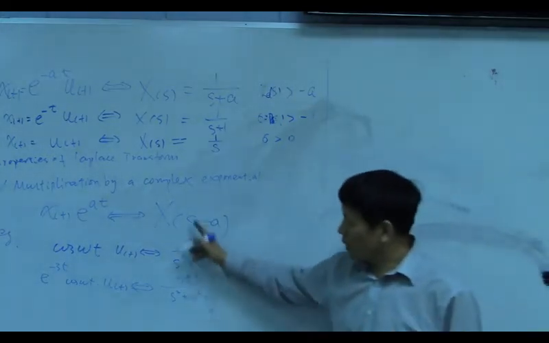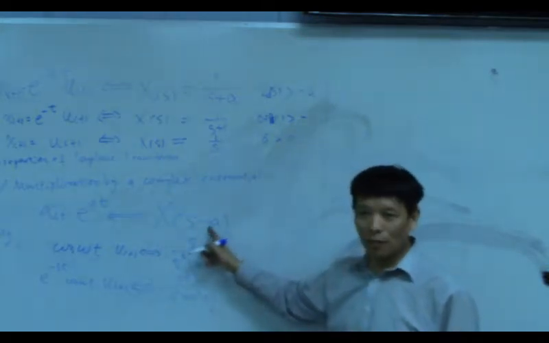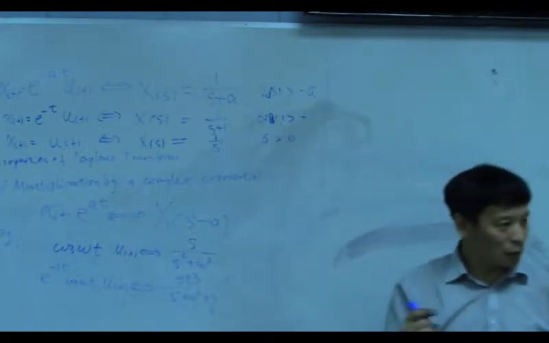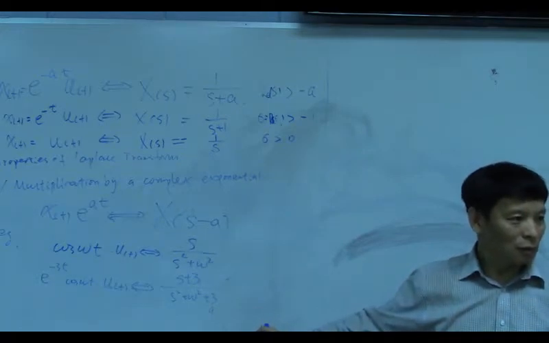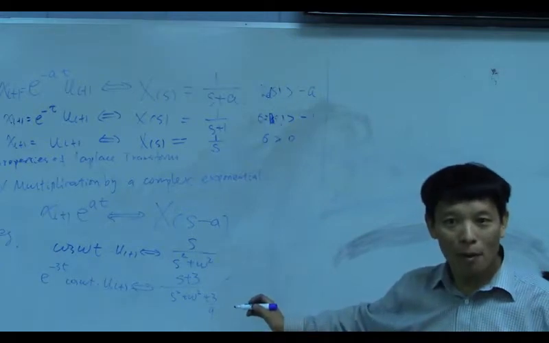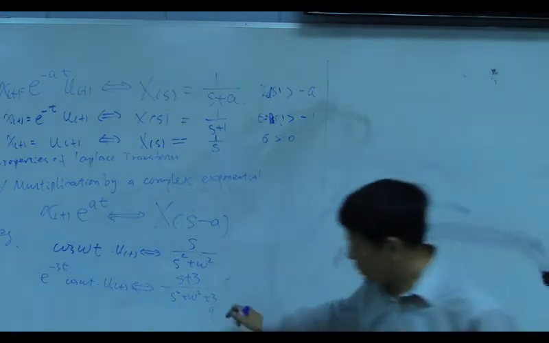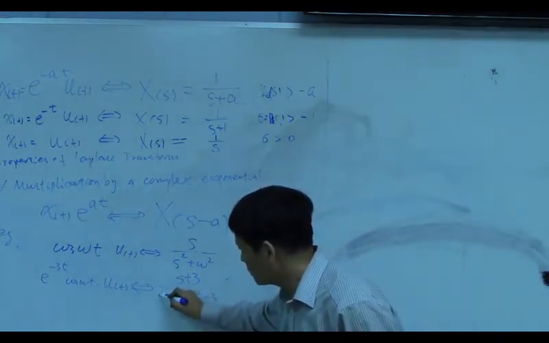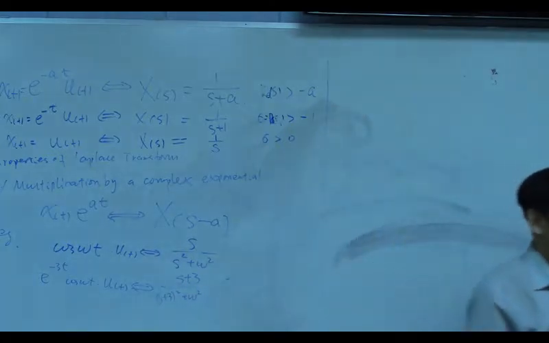The key here is we keep all the form, but replace s with s minus a. In this example, replace s with s plus 3. Question on that? So (s plus 3) squared. (S plus 3) squared. So this 3 should be here, not here. Now you see it? Good?